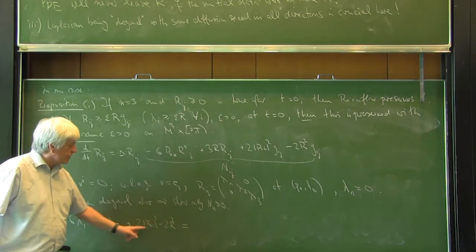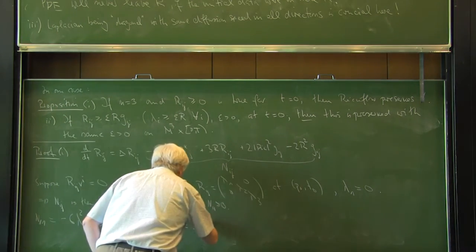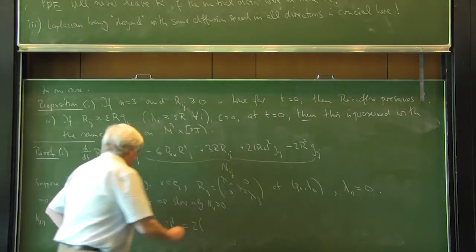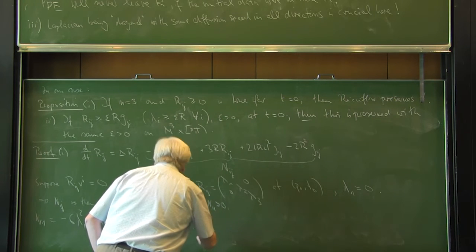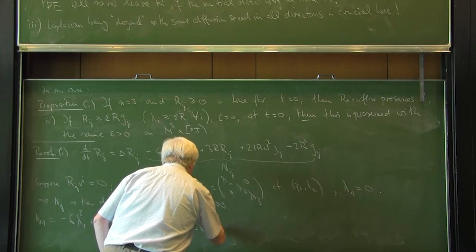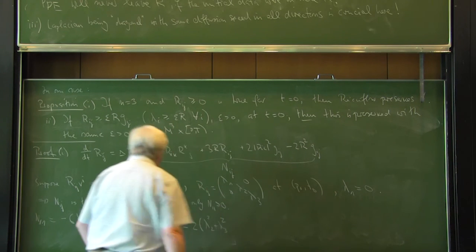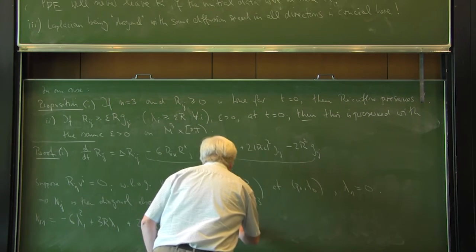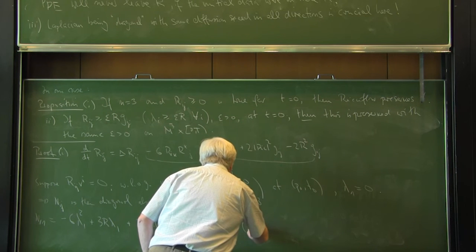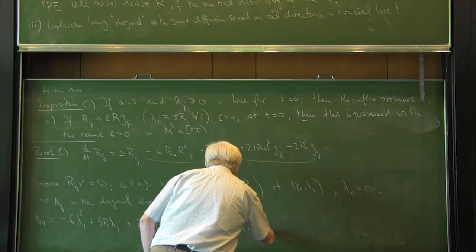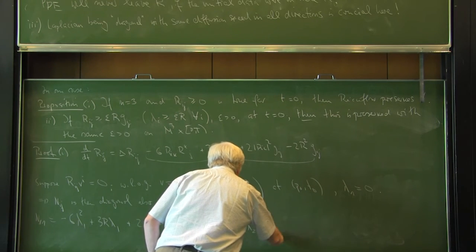So we just have to take this thing here. So this is 2 times, and from the first term we get lambda 2 squared plus lambda 3 squared. And from the other term here we get minus lambda 2 plus lambda 3 squared.